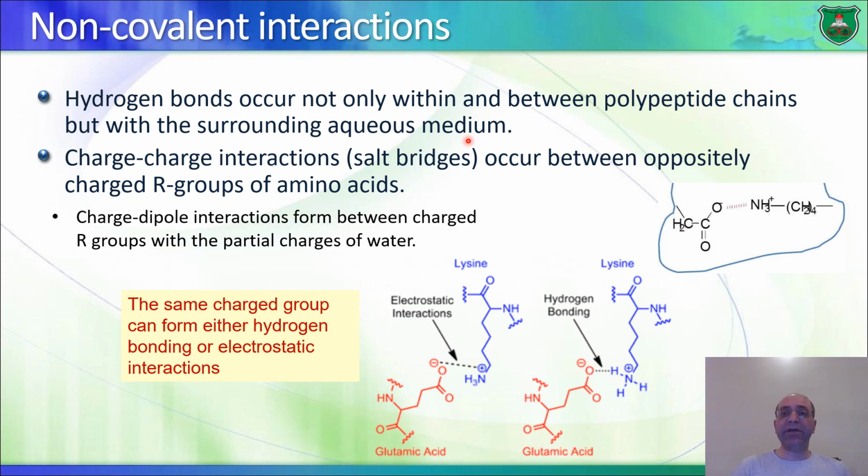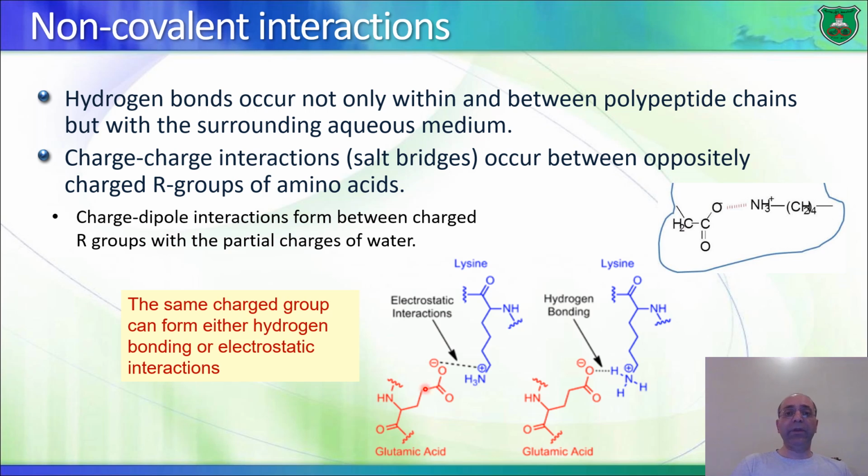So you can have this interaction again between amino acids and the surrounding molecules. Now you can have charge-charge interaction. These are salt bridges, as I said, not electrostatic interactions, but they're known as salt bridges. You can also have a charge dipole interaction. That is, you can have an interaction between a real charge with a partial positive or negative charge.